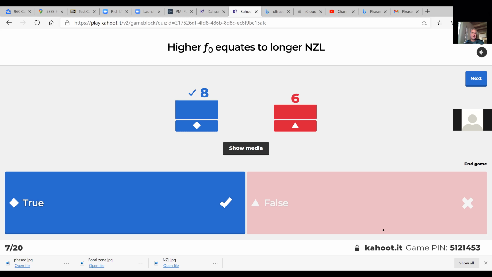So just remember, it goes the exact opposite for attenuation. This has nothing to do with attenuation. So higher frequencies, for whatever reason, the way they make their sound beams, have longer near zone lengths, which is a conundrum because higher frequencies also have higher attenuation. So you would think it'd be the other way, but it's not.